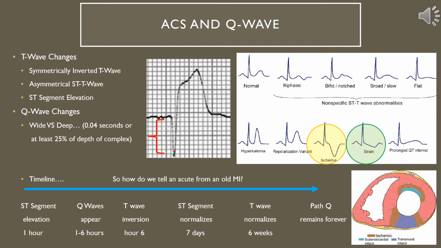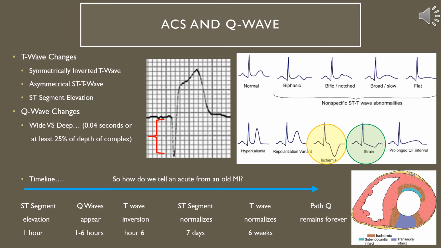Asymmetrical strain change for the T wave can result from ST and T wave changes. This is greatly associated with left ventricular hypertrophy. It's also sometimes seen in digitalis effect, which we'll talk about later. But that's generally what we see with those kinds of T wave depressions.